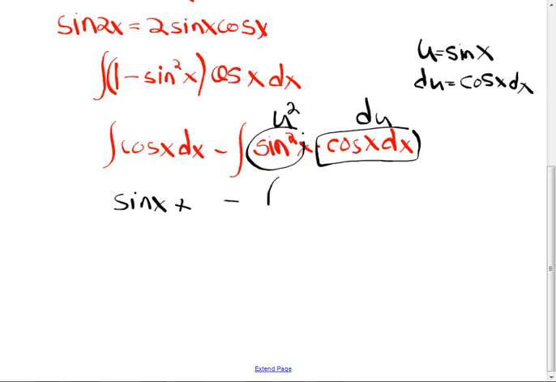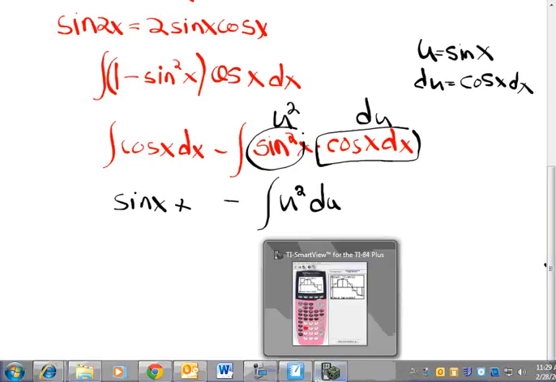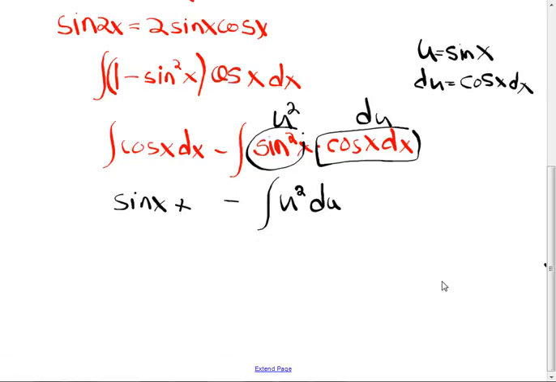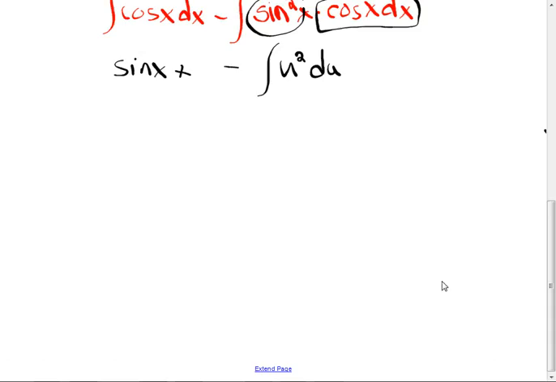And so it's the integral of u squared du. So now we can do this one. Okay, so I got the sine of x minus u cubed over 3, right? Plus c. Yes, you should be beating me at this since I'm writing with my left hand.